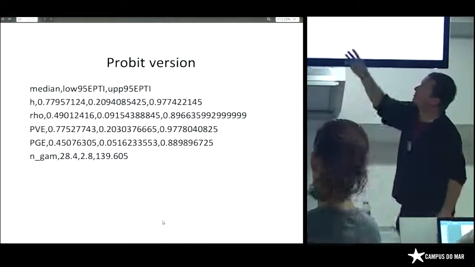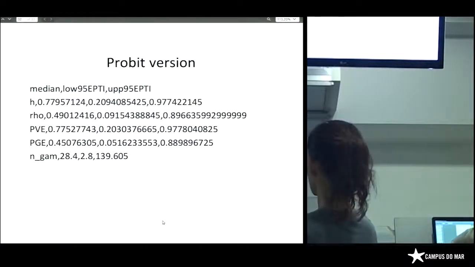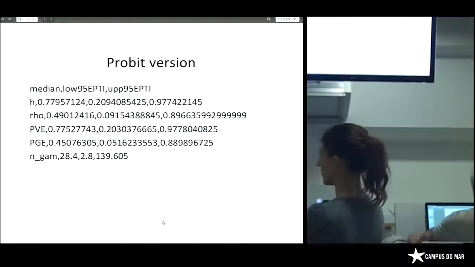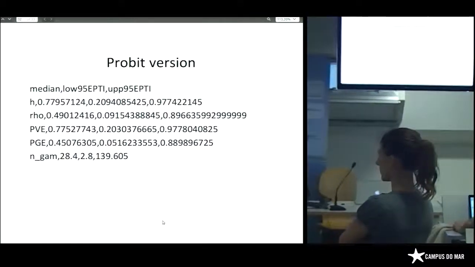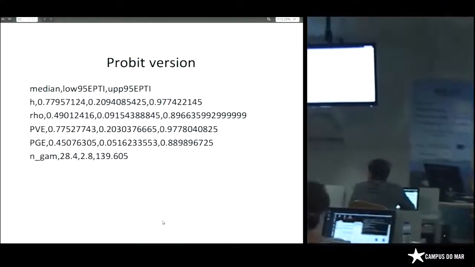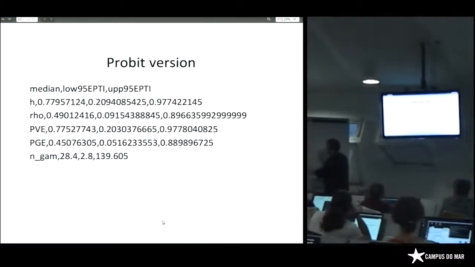So we ran a probit model. Instead of running just a linear model, before we ran on this association, all of our data was up here and down here because we only had 0s and 1s.